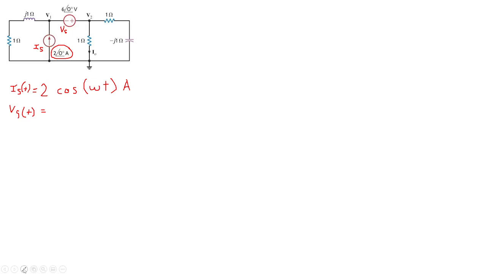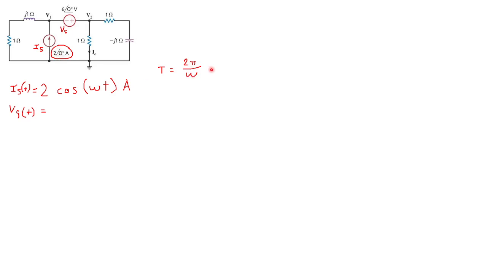So omega is the angular frequency. The period of this sinusoid is 2 pi over omega. So every 2 pi over omega seconds, the current has returned to whatever value it was 2 pi over omega seconds ago.